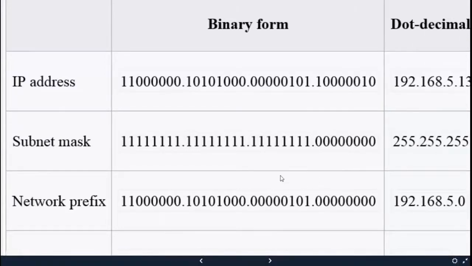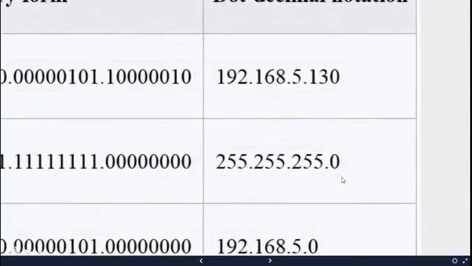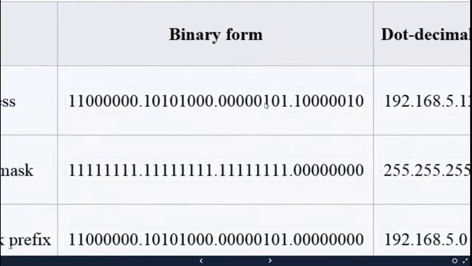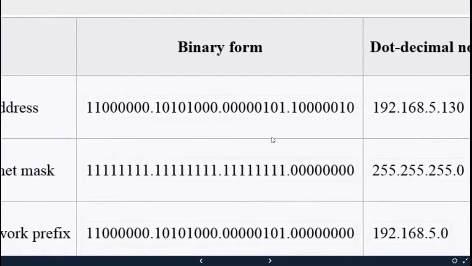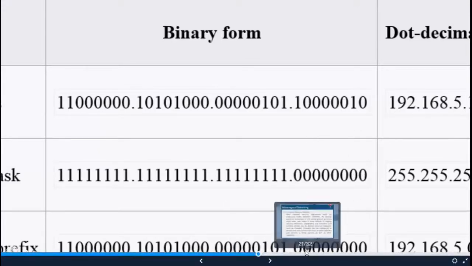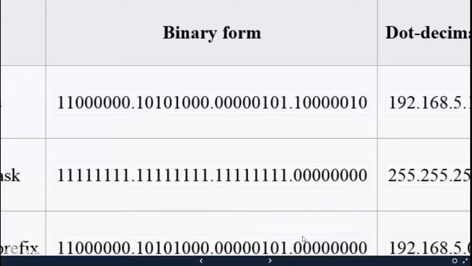Okay, for the given IP address and the subnet mask, you convert them into binary form, both the subnet mask and the IP address, and then you perform an AND operation, A and B. Okay, so 0 and 0 is 0, 1 and 0 is 0, so 0 0 0 0, and then you have here 1 and 0 is still 0.